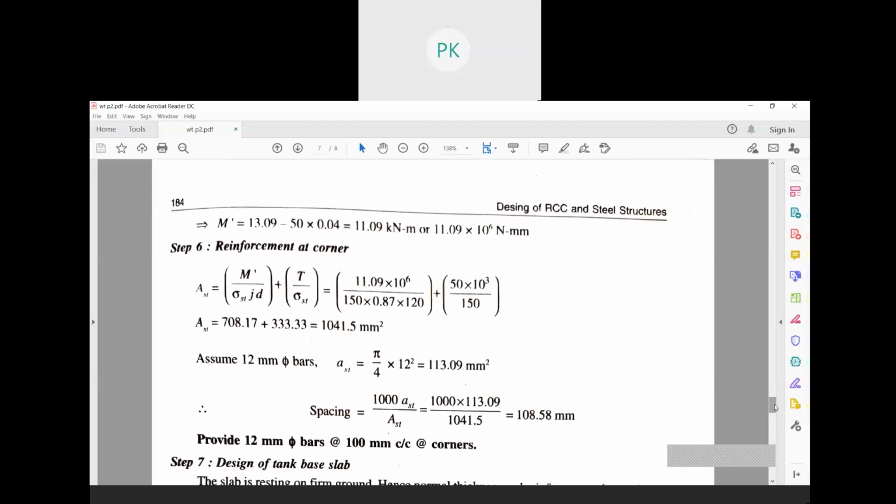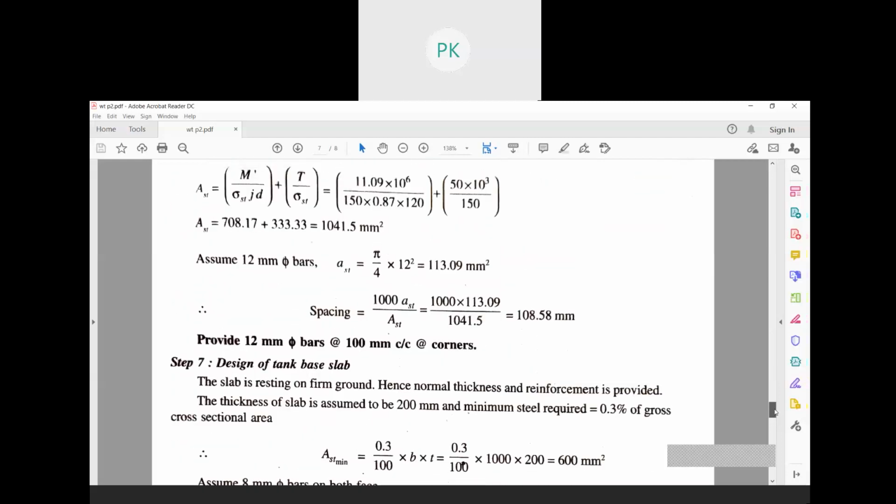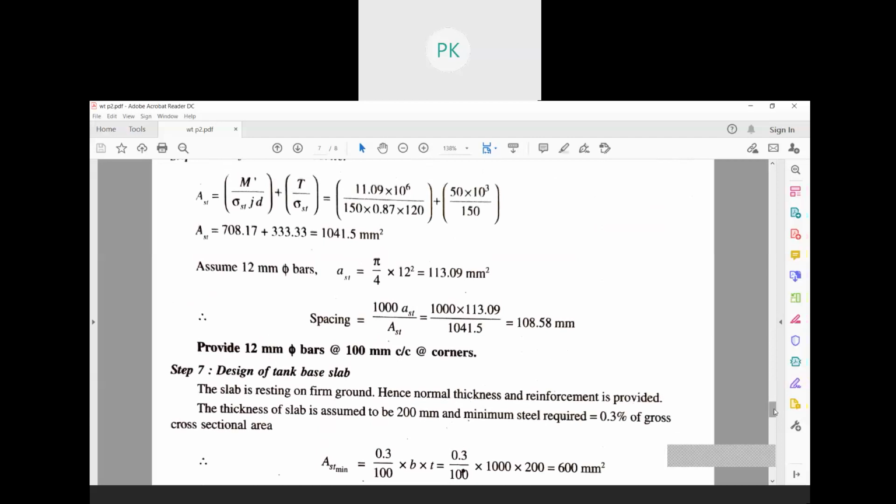So reinforcement at corner we have to calculate. So AST is equal to M dash by sigma st jd plus T by sigma st. We have this standard formula. We have to substitute in this formula. We will get the AST as 1041.5 mm square. Next, for the spacing we calculated 100 mm center to center.